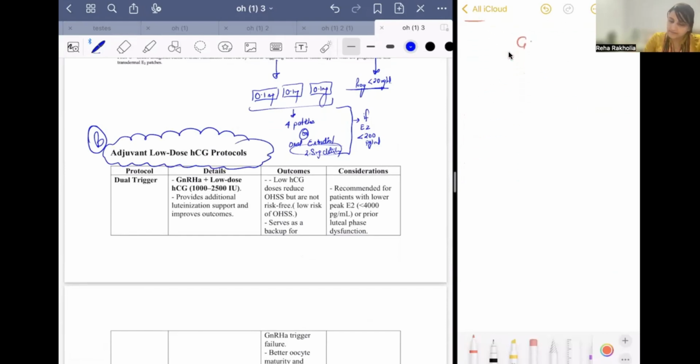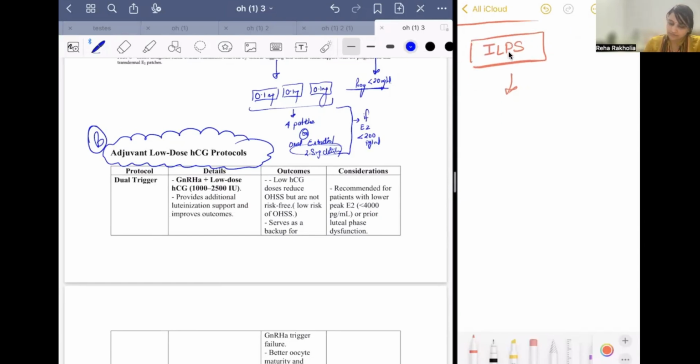So basically, in addition to intensive luteal phase support, some protocol incorporate low dose HCG as an adjuvant to improve pregnancy outcome while still minimizing the risk of OHSS. These strategy aim to provide additional luteal support without causing excessive ovarian stimulation.